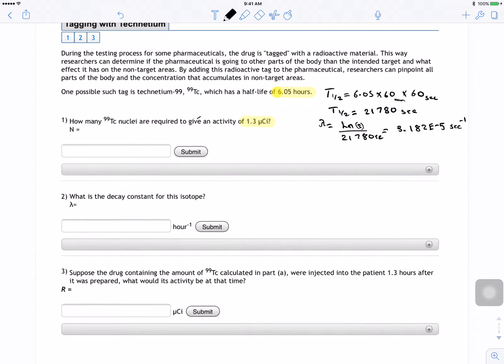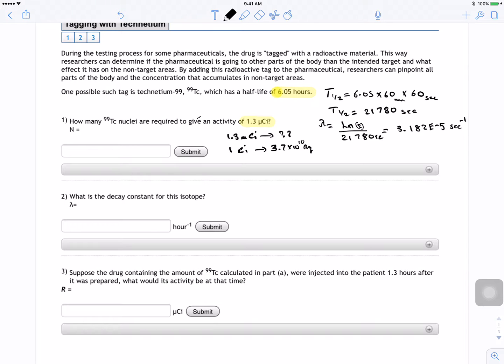And from that, we change the 1.3 micro CI to BQ. So 1.3 micro CI is equal to what? If 1 CI is equal to, what was it, 3.7 times 10 to the 10 BQ.